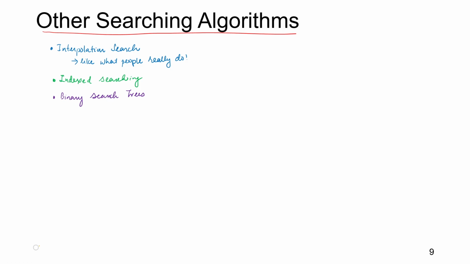Then there is hash table searching. Then we have Grover's algorithm, which is waiting for quantum computers.